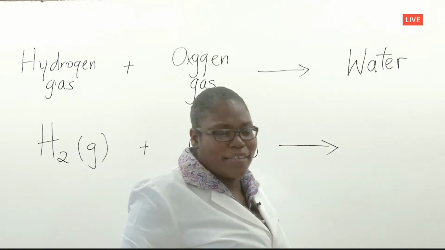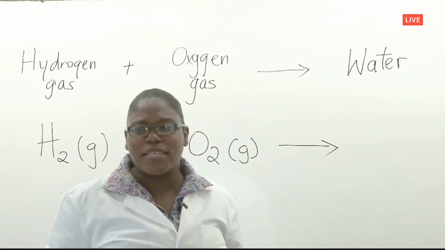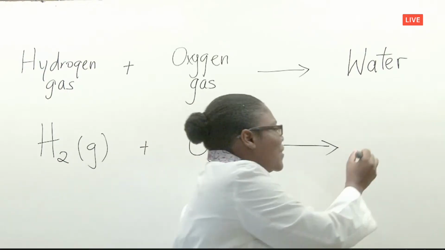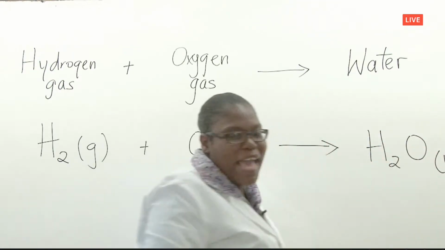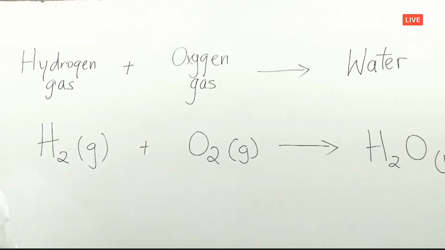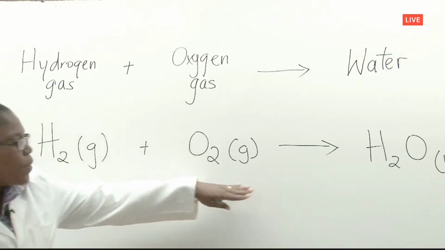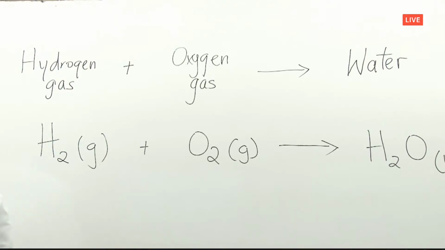Arrow, the product. Do you know the formula of water? H2O. We're going to keep it as a liquid. Great. So we have our unbalanced chemical equation. Let's see if we could balance it now.